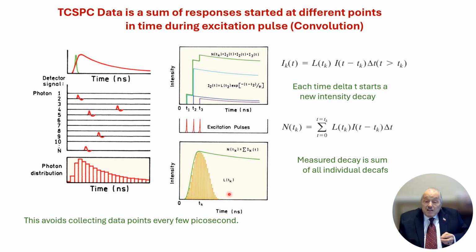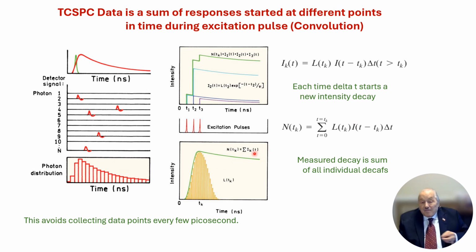And at each one of these positions along the intensity pulse, you're starting another time-dependent decay. So what you're measuring after you do this a couple thousand times is all of the decays that have happened due to excitation at all of these different points in time.